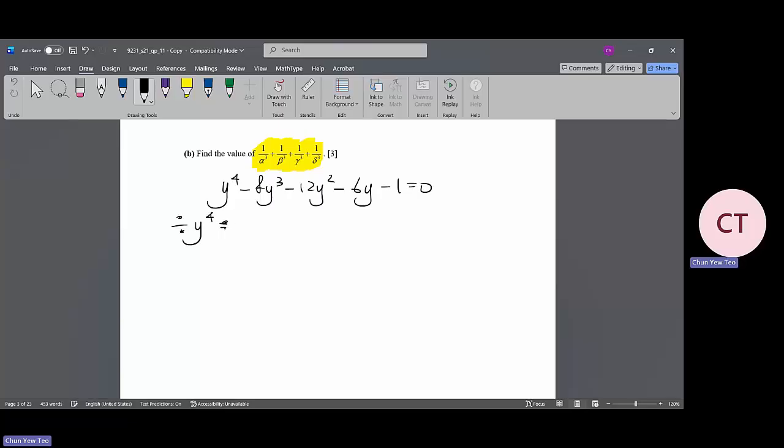I get 1 minus 8 over y minus 12 over y squared minus 6 over y cubed minus 1 over y to the power 4. So I will get this.